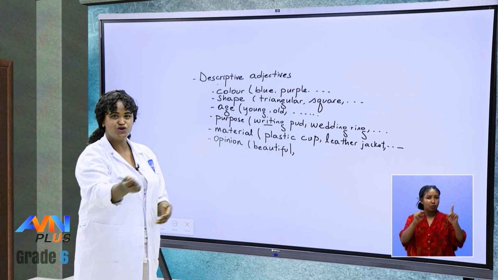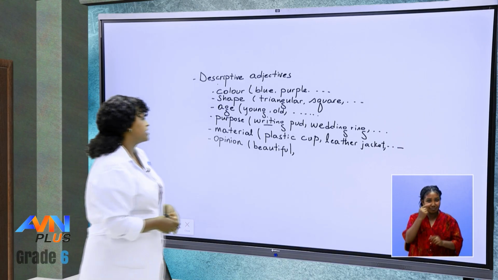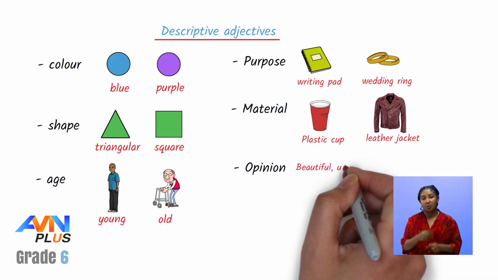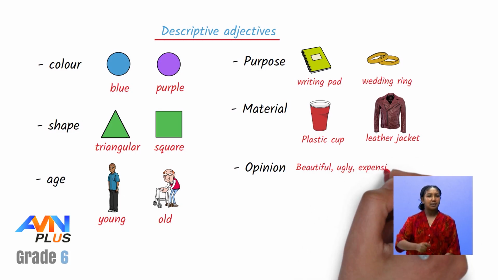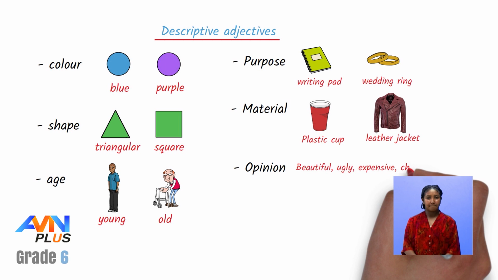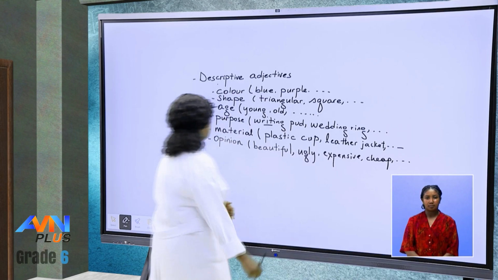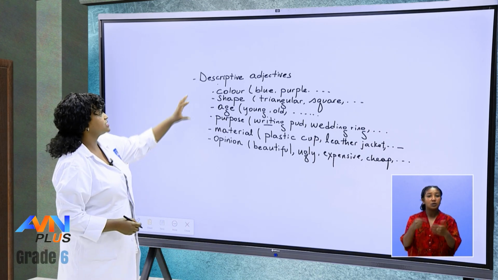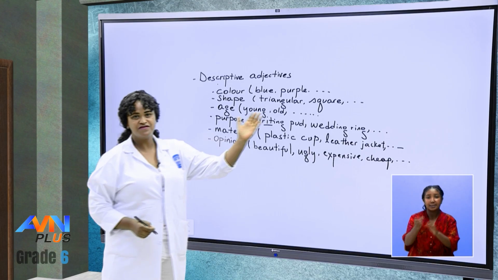What's beautiful for you might not be beautiful for the other. That's why beautiful is an opinion. Or ugly, expensive, cheap, etc. So these are some of the many types that are bounded under descriptive adjective.